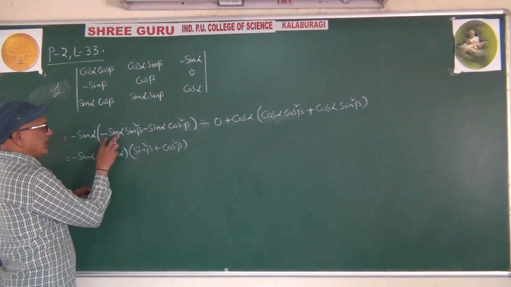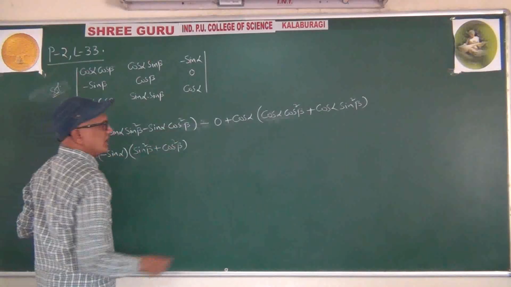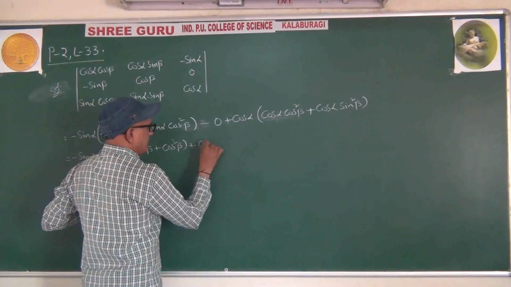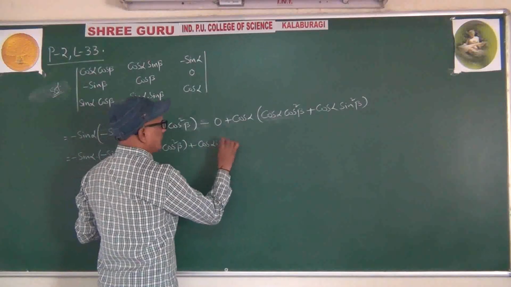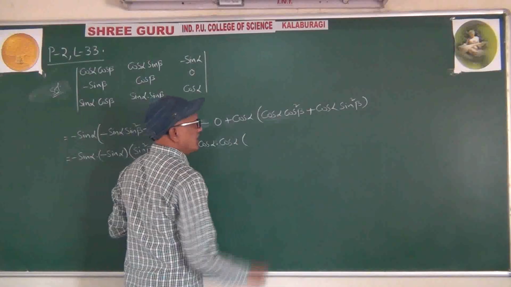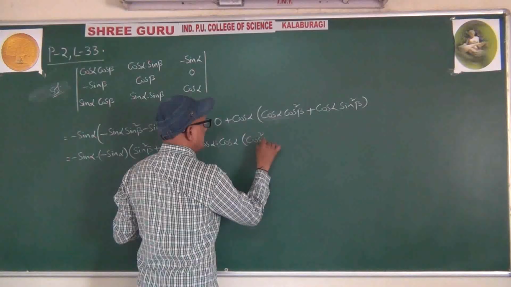Minus sin alpha went out, with sin square beta plus cos square beta inside, plus cos alpha into, taking cos alpha common, cos square beta plus sin square beta.